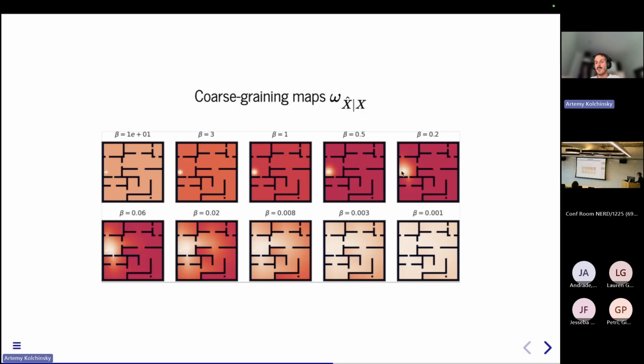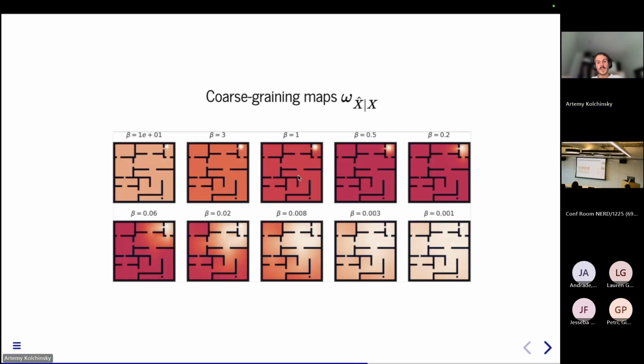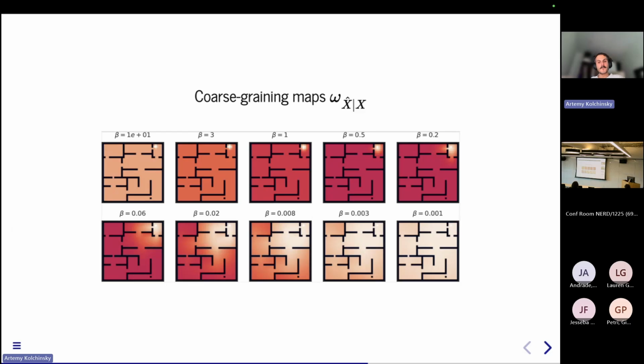Not totally evenly, because some directions are easier to coarse grain without messing up predictions of the future than others. So, in terms of locations within the room, and then at some point it leaves the room and it spreads out through the whole space. So we can try different starting locations, and we can see how those are coarse grained. And so this is just yet another one.